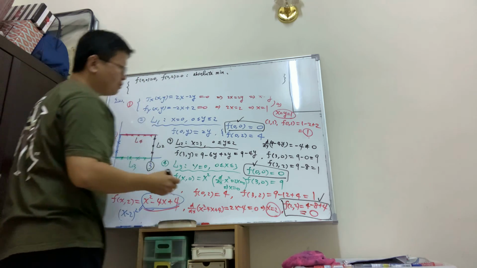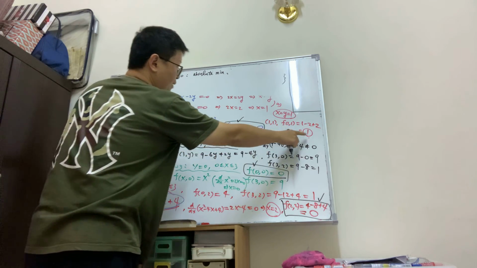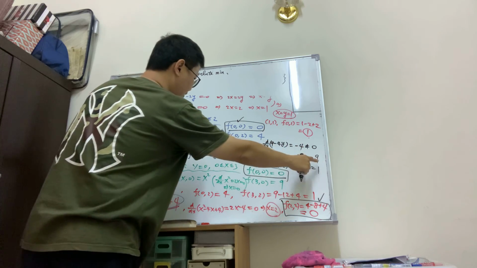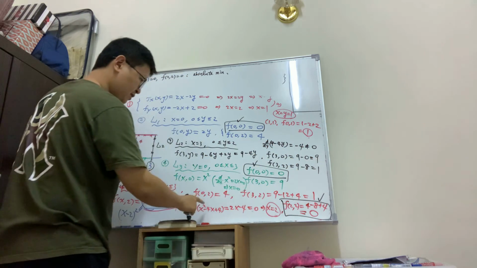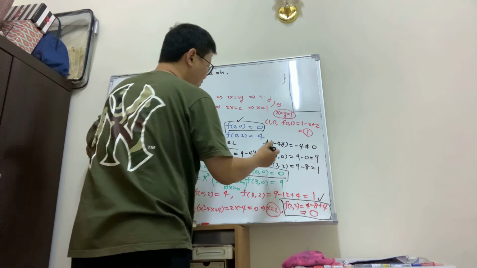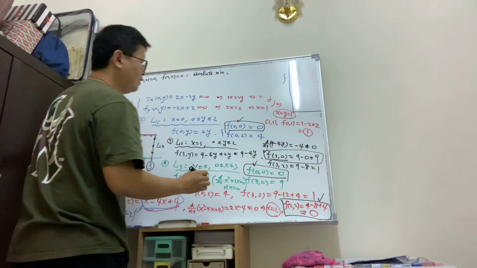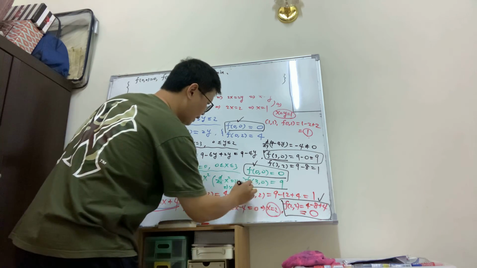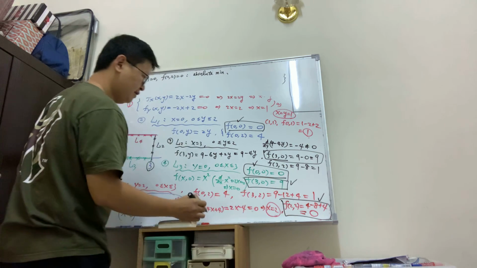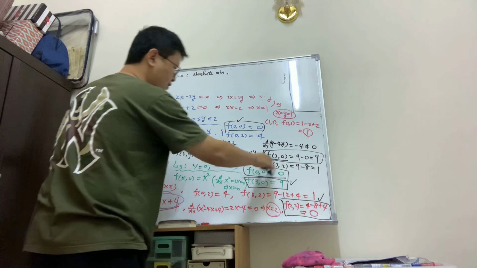And for the absolute maximum, the values here are 1, 4, 9, 9, 1, 4. So of course 9 is the maximum. It's the case 3, 0.